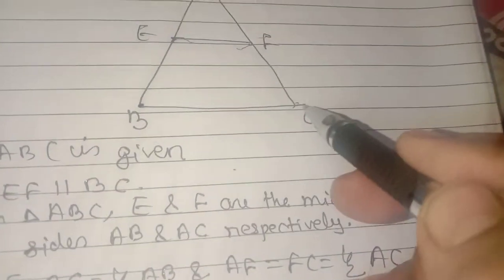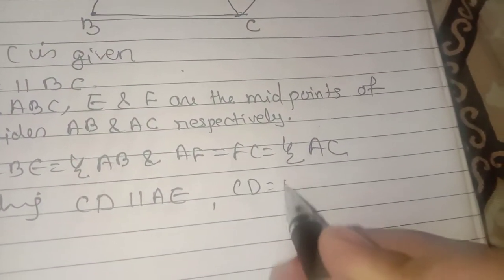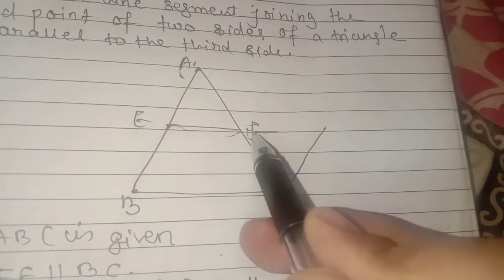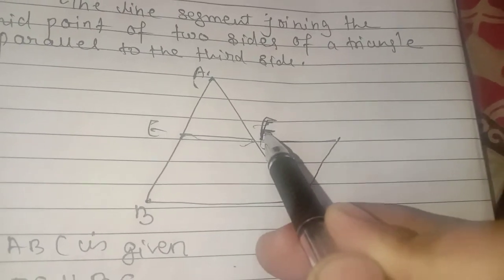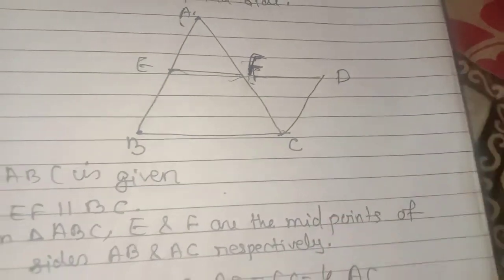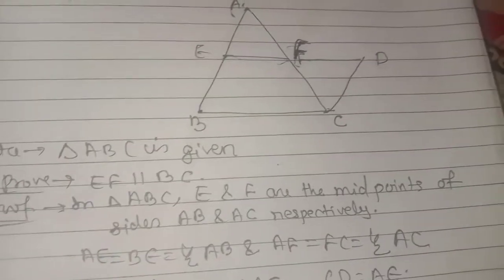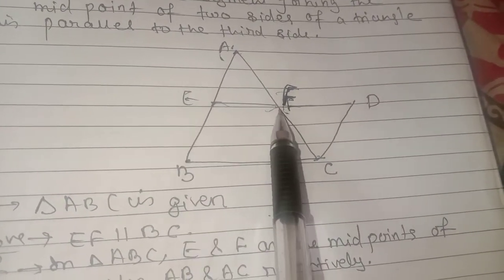Okay, can you see here, CD parallel to AE and CD is equal to AE, as well as we will join here F and D. So we have two triangles, triangle AEF and triangle FCD.